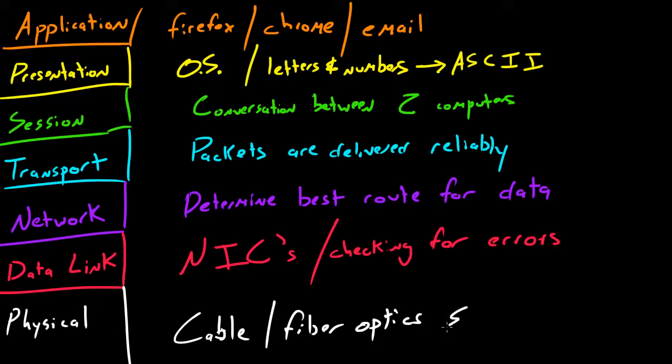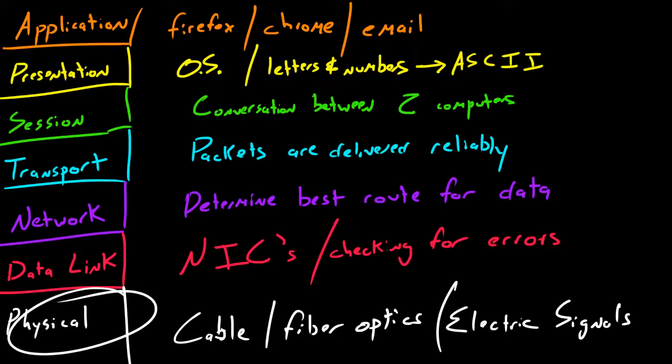Basically, any electric signals, that's probably a better way to put it, or the transmission of data is part of your physical layer in networking. And also, remember, we talked about topologies, how different networks are laid out. This is also an aspect of your physical layer in the OSI model.